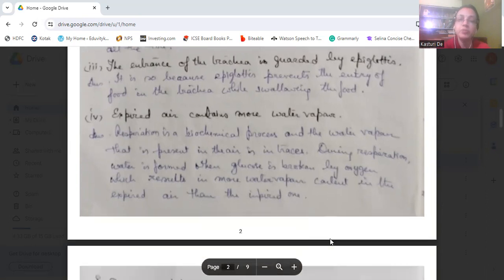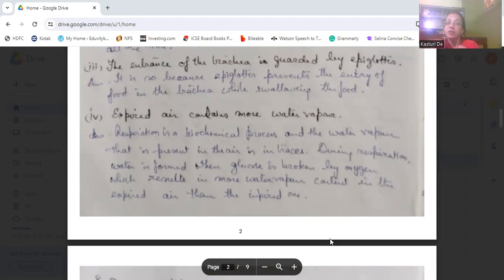What happens? Respiration is a biochemical process, and the water vapor that is present in the air is only in traces. But during respiration, we have found in the equation that when glucose breaks down in the presence of oxygen, it produces water.